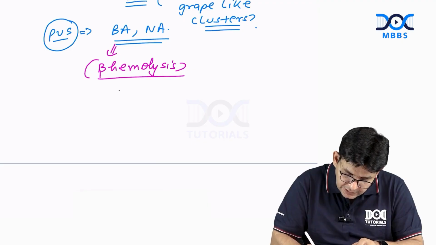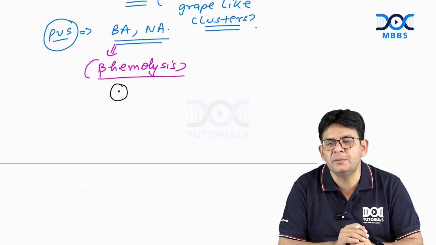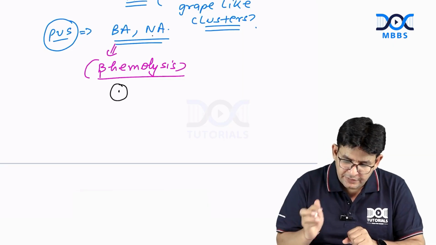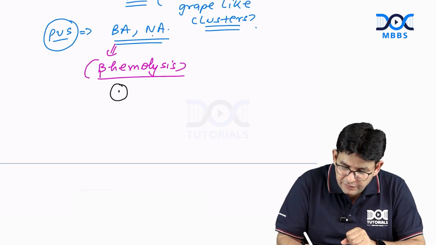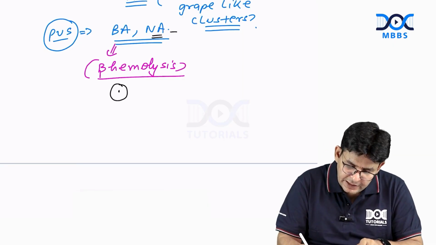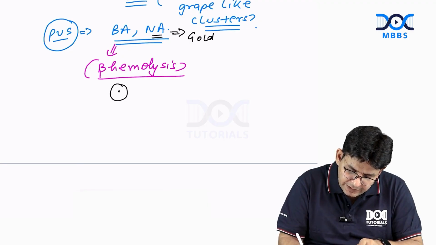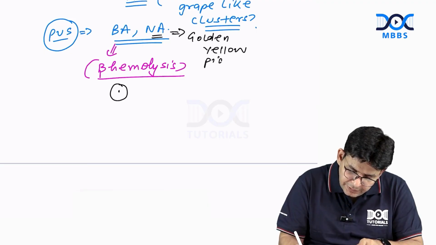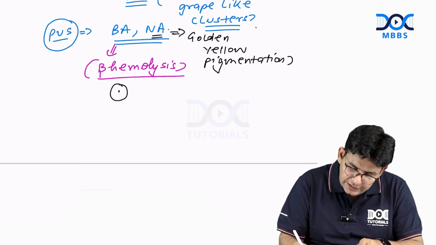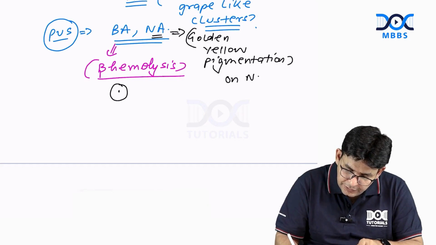Suppose this is the colony, the complete zone of hemolysis is termed as beta. Whereas in the case of nutrient agar, it produces a beautiful golden yellow pigmentation.